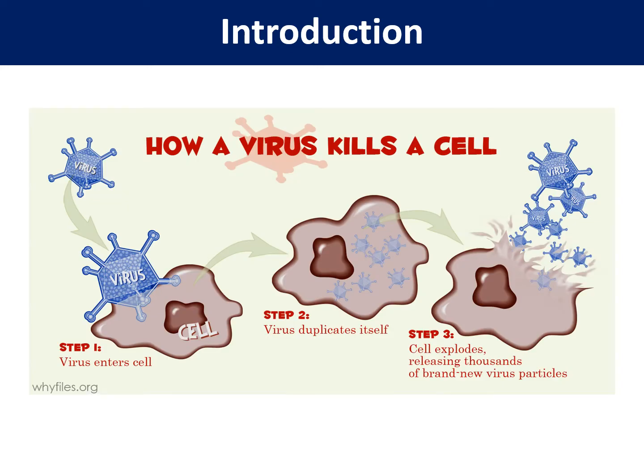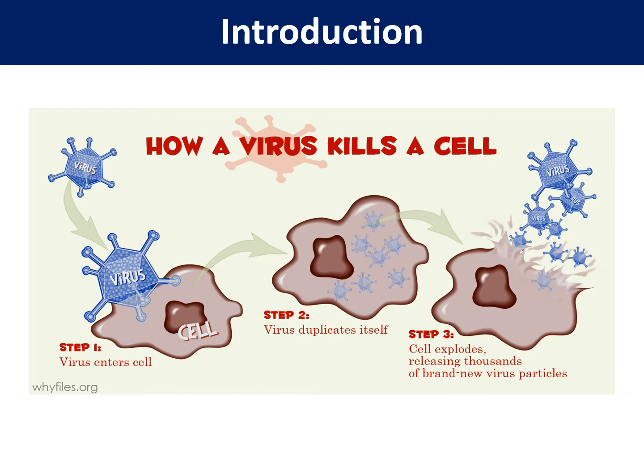So here, let's have an overview on how virus infect the host cells. Basically, after the entry into host body, virus can evade the host defense and reach specific organs or cells.